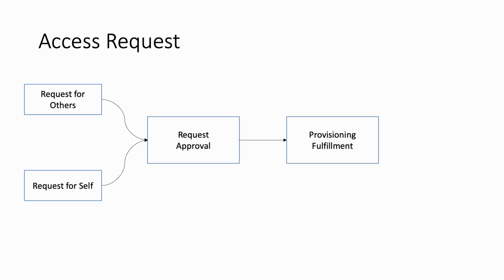At this stage, the system automatically creates or modifies user accounts and grants the requested permissions based on the approved access profile. Provisioning ensures that users can access these systems once their access request is approved.